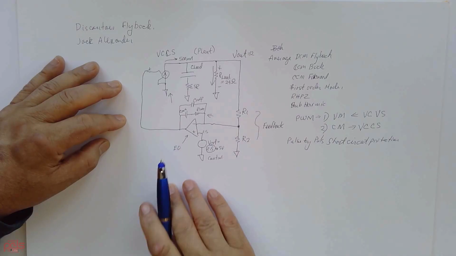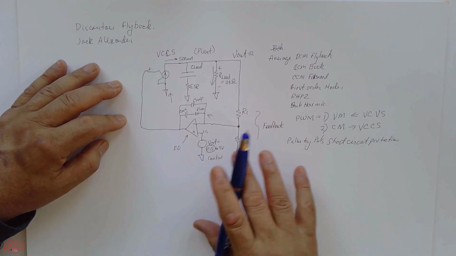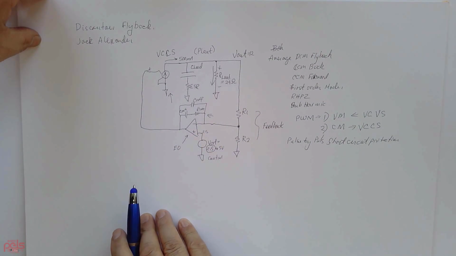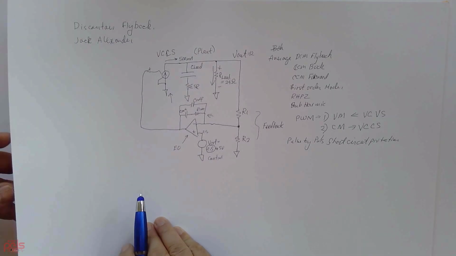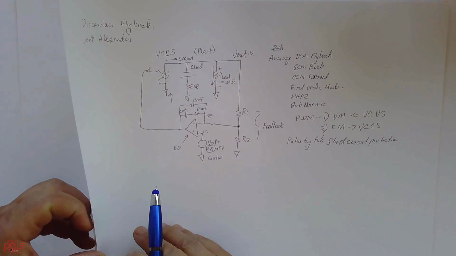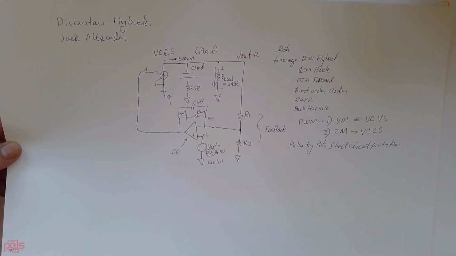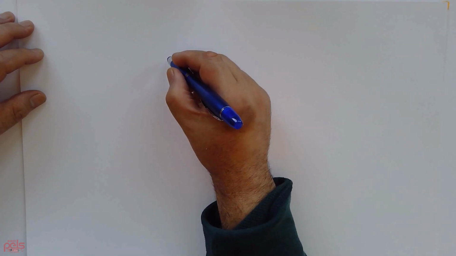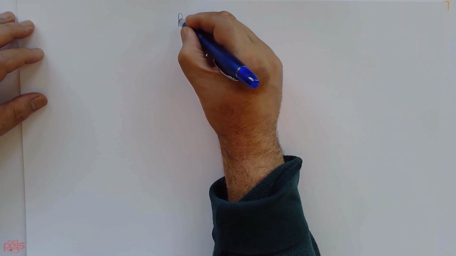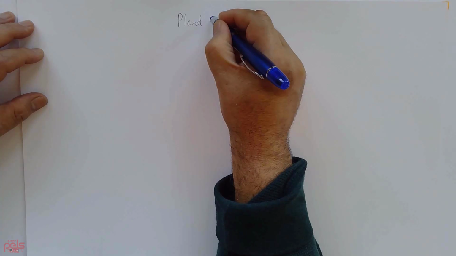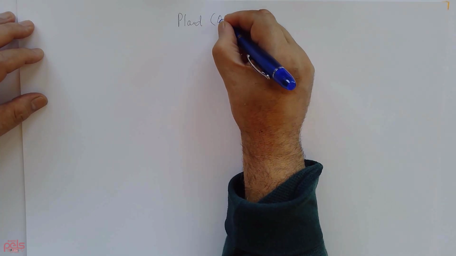Okay, so now to compensate this, you've got to go back and do a little review of Bode. We're going to start with the plant, and when I say plant, it's the output filter.